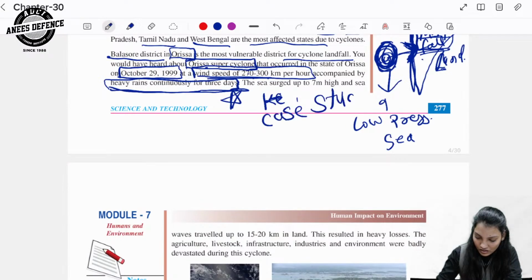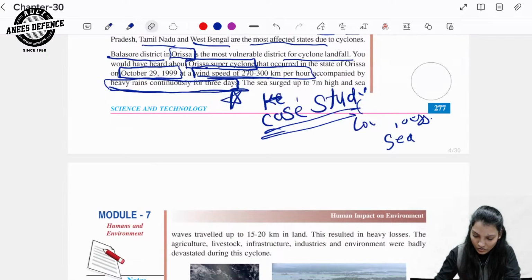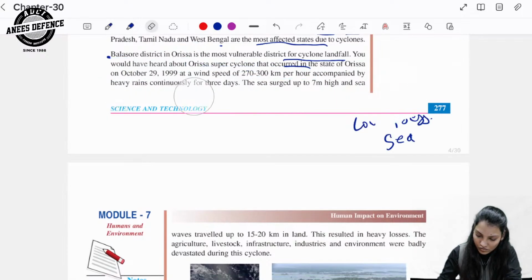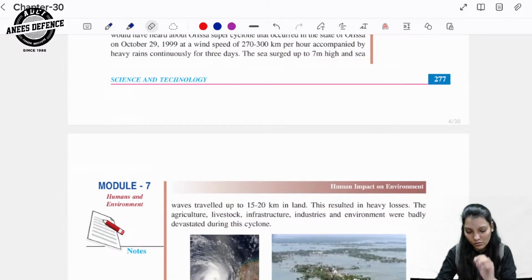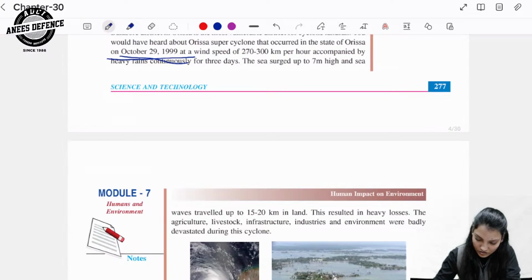This is one case study. So you can remember these facts as a case study. You can write it in your exam, or else if it is asked in your MCQ pattern, you can also take the same answer. Just remember this date. Example.